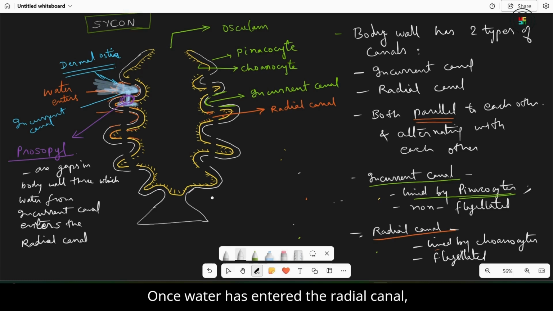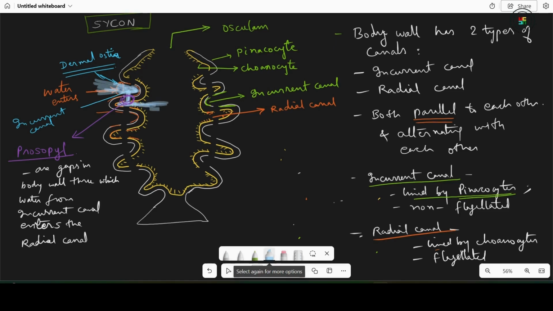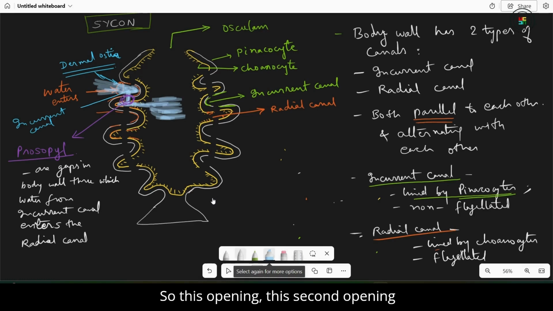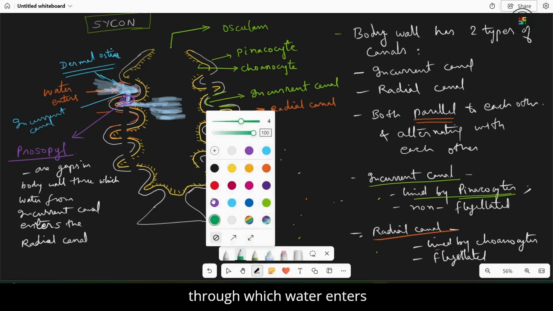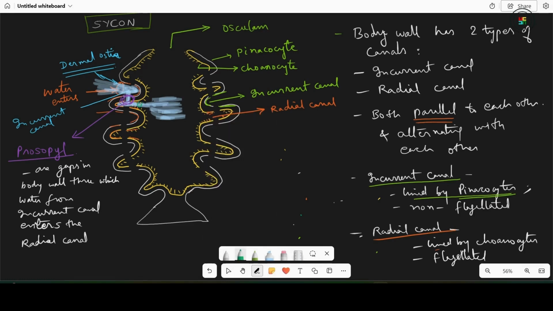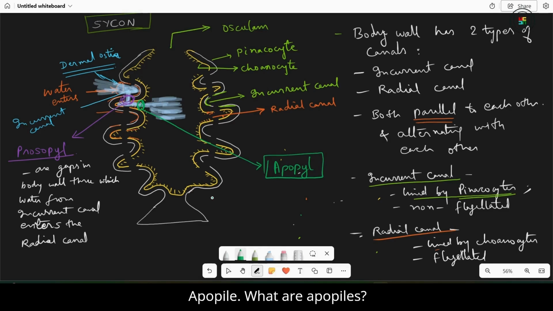Okay, once water has entered the radial canal, then it moves through another opening and it enters the osculum. Okay, so this second opening, through which water enters from the radial canal into the osculum, is called the apopyle.